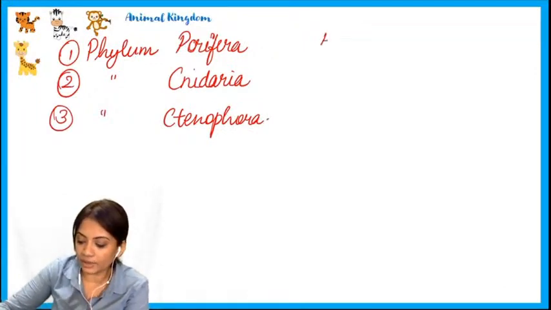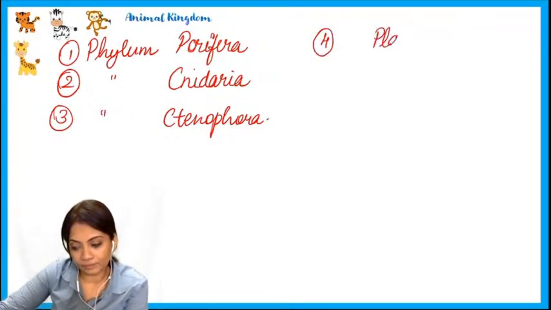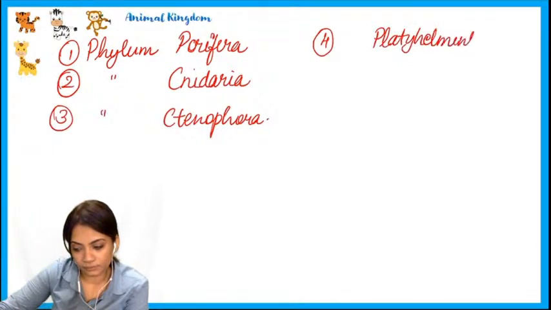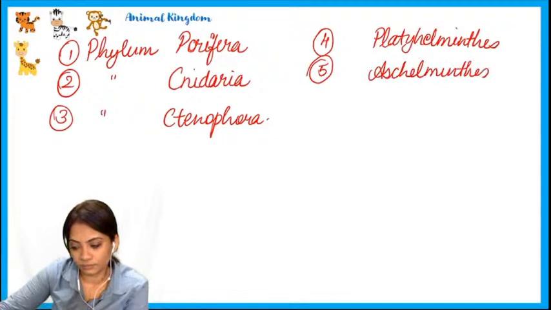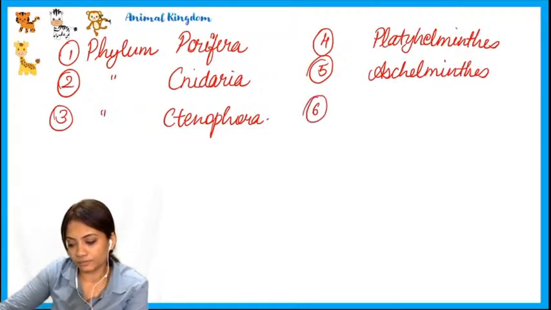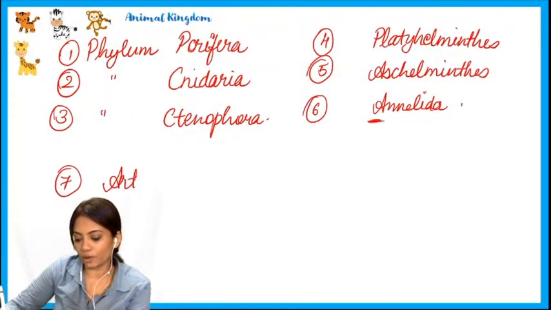Coming to the next 3. Fourth, the worms, phylum Platyhelminthes. The fifth one, Aschelminthes. The sixth one, Annelida. Now, after Annelida A, another A, Arthropoda.